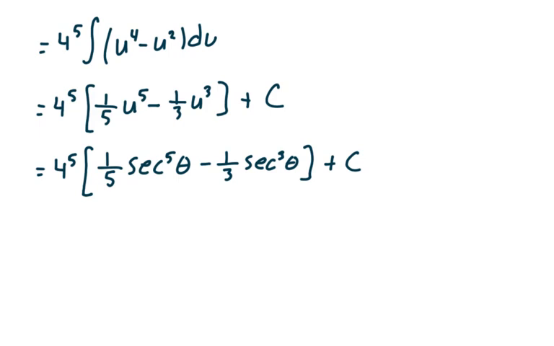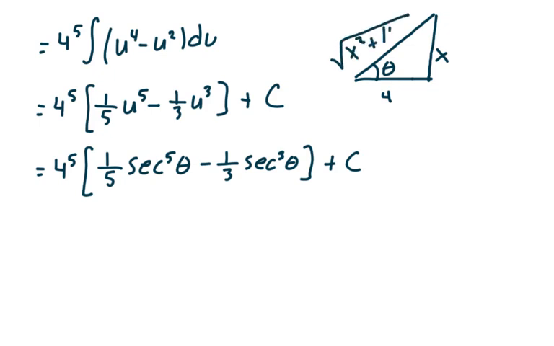Now, let's go back to the triangle. If we recall, we have a triangle here. Here's theta, here's x, here's 4. Here's the square root of x squared plus 16, by the Pythagorean theorem.